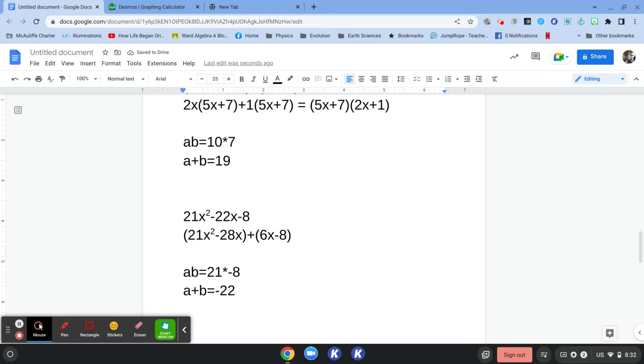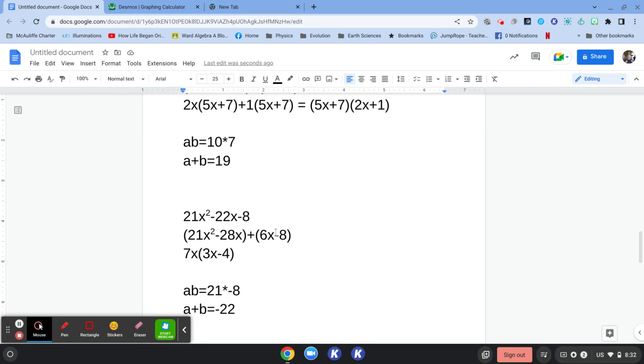Now I'm going to get the greatest common factor. 21 and 28 share a factor of 7, and x squared and x share a factor of x. So 21x squared becomes 3x, and then negative 28x becomes 4. Okay, now I'm going to look at 6x minus 8 and see what I can factor out there.